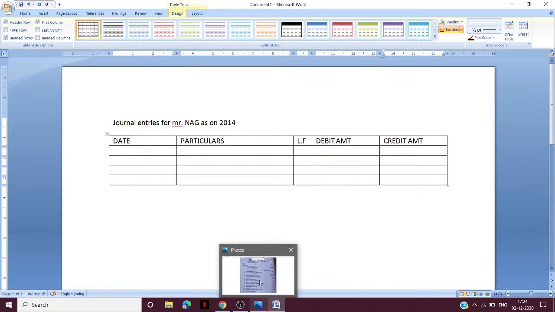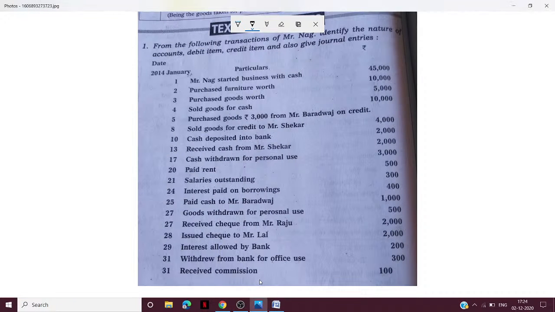What is the first transaction? Mr. Nag started business with cash. This is the first transaction with the amount 45,000.